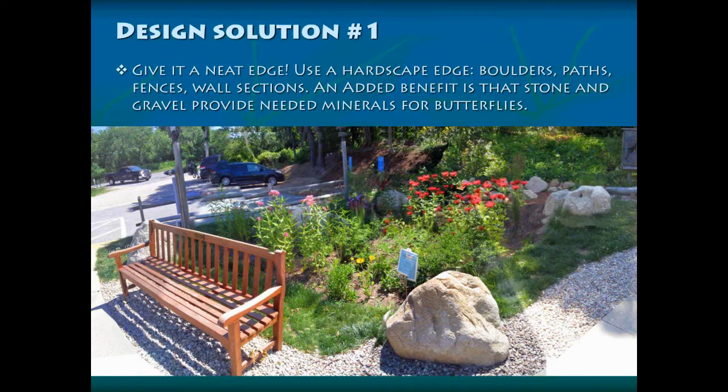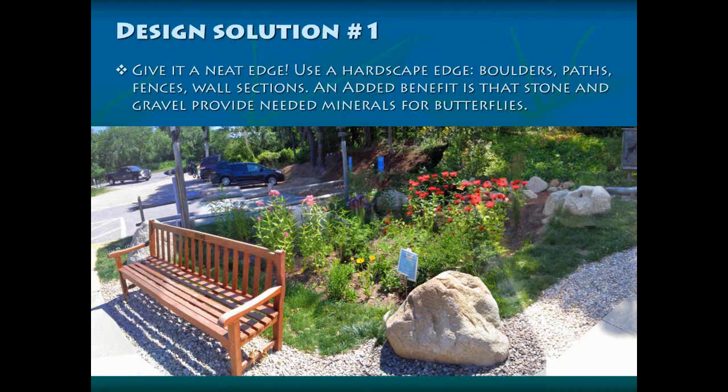And the best way to do this naturally is to use natural materials like boulders, pebbles, river stone. You can use paved stones. You can use fencing, either a wall, a stone wall, or a wood fencing. And just give it an edge so that if it froths in the middle, it'll froth over a nice, neat shape.